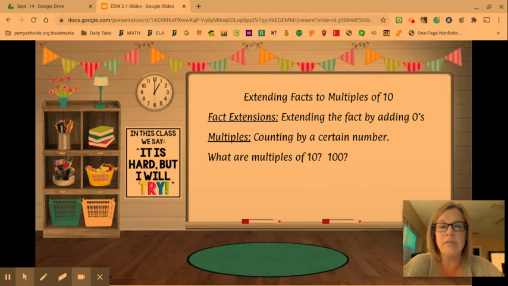So all of our extensions will end in a 0. And multiples are counting by a certain number. So multiples of 10 are 10, 20, 30, 40, 50, 60. Multiples of 100, because we might need to extend to the hundreds, are 100, 200, 300, 400, and so on. So they end in the zeros.